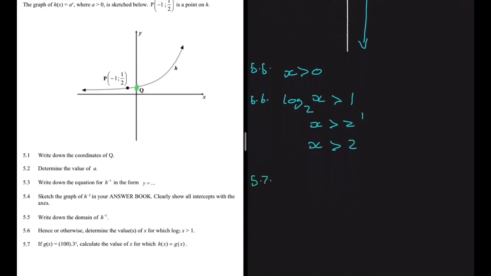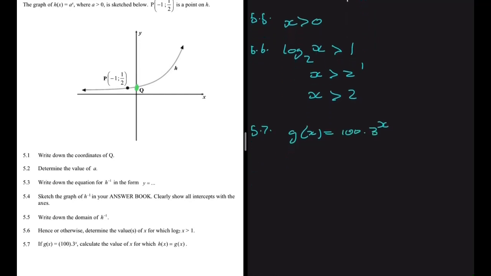5.7. They're saying that g of x is equal to 100 multiplied by 3 to the power x. And then calculate the value of x for which h of x is equal to g of x. So what is h of x again? h of x is 2 to the power of x. So we need the values of x for which 100 multiplied by 3 to the power of x is equal to 2 to the power of x.